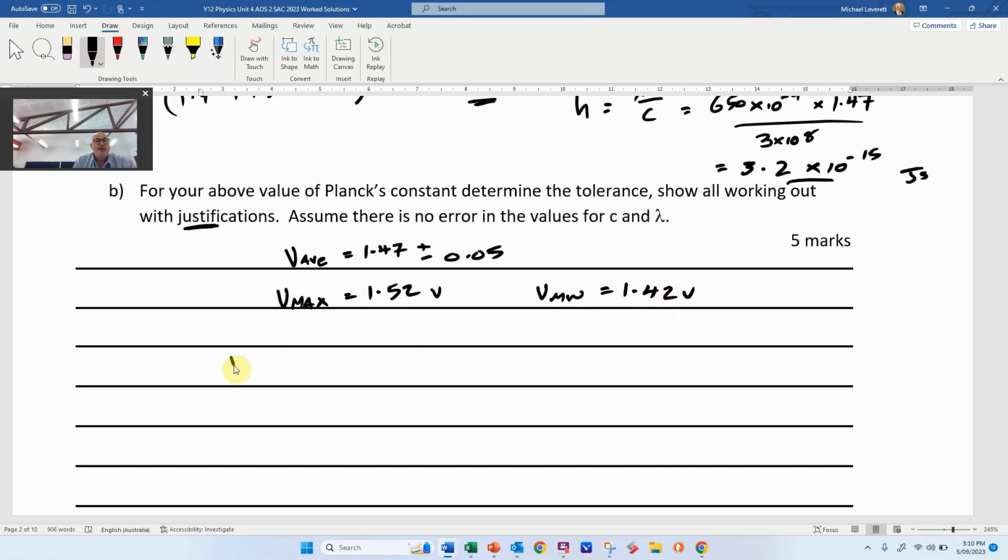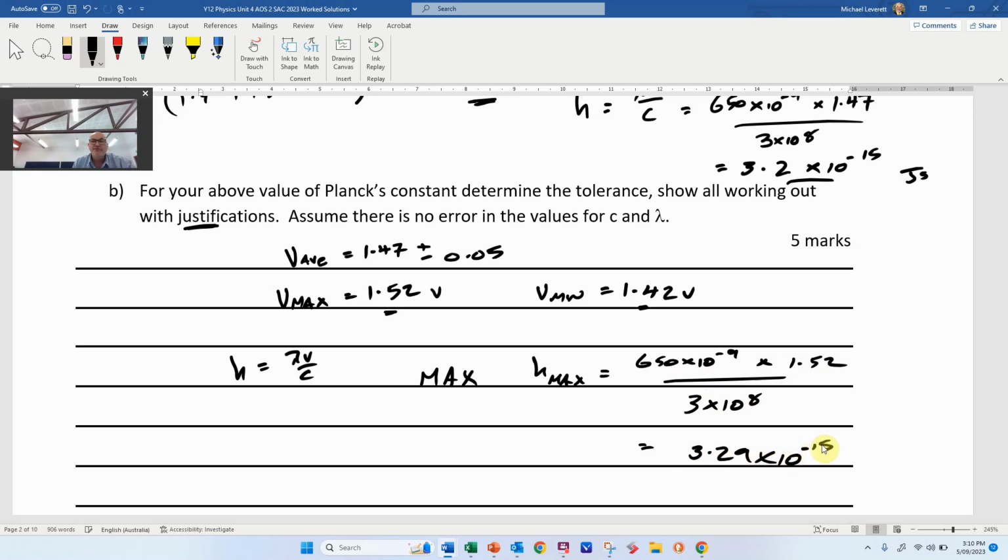And then working out the same, H equals lambda V over C using maximum and minimum. For a max, we end up with H max equals 650 by 10 to the -9 multiplied by 1.52 over 3 by 10 to the 8, and that gives us 3.29 by 10 to the -15.